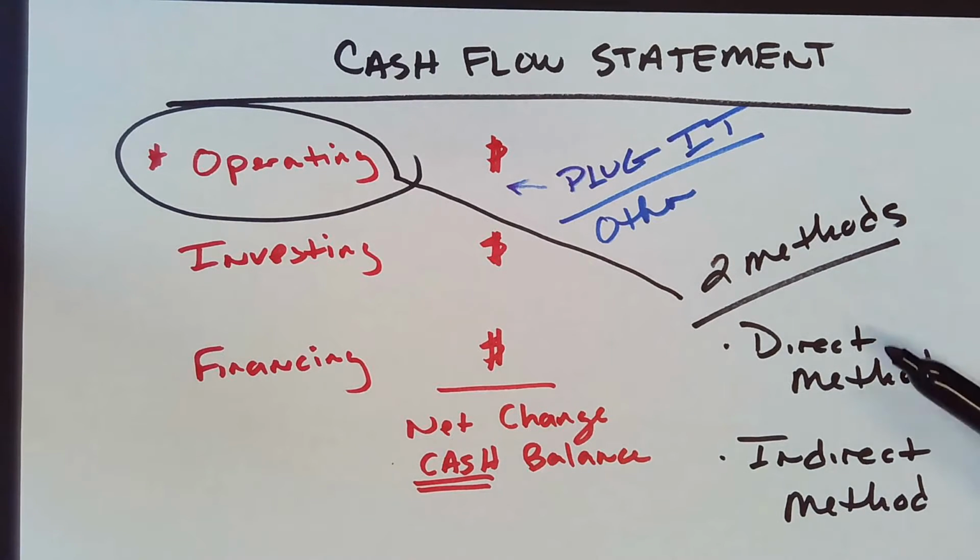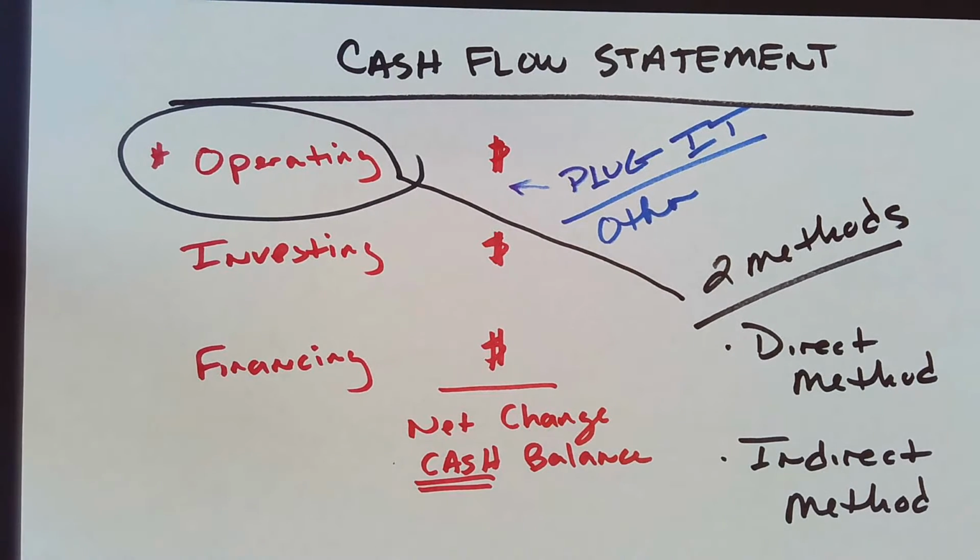If you choose to use the direct method, that's great. But you still have to do a reconciliation. You still have to do the indirect method. What? Wait. If I do this one, I also have to do this? Why would you ever do this if you have to do both?